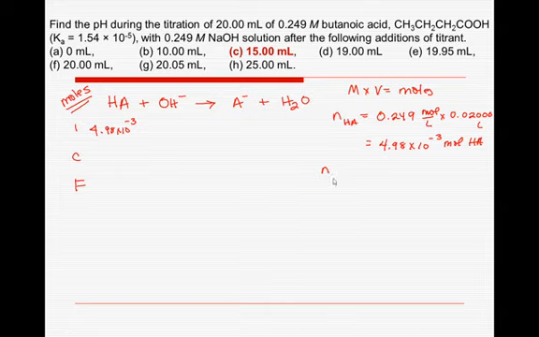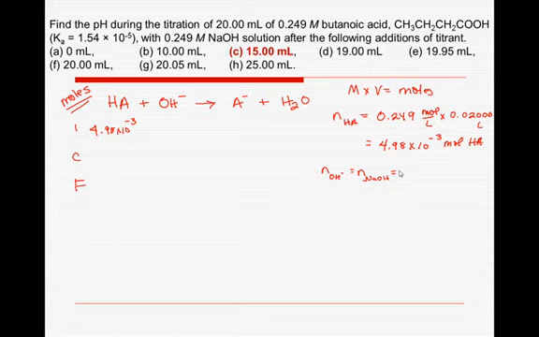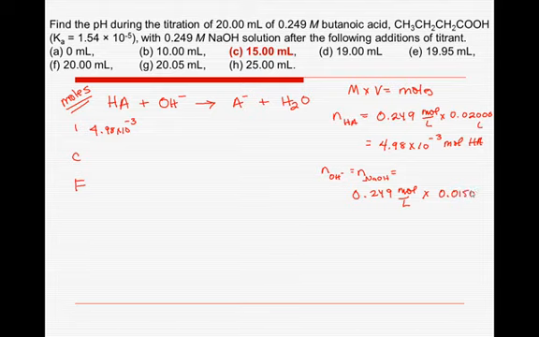The number of moles of sodium hydroxide, actually hydroxide is what I want, so that would be the same as the number of moles of sodium hydroxide. This number will not be the same as we did in part A. We're adding more. So we take our molarity of 0.249 moles per liter of the sodium hydroxide and we multiply by the 15 milliliters or 0.015 liters.